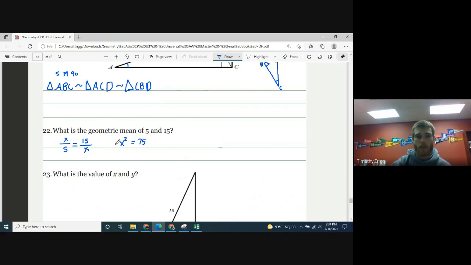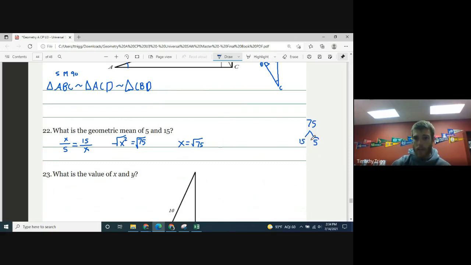To get x by itself, we square root both sides. So that'll give me x by itself. And then over here, the square root of 75, I can simplify that square root. And the way we do that is with a factor tree. I'm going to go ahead and do it to the side here. So if I'm doing 75 and I want to break this down, well, I already know that 5 times 15 multiplies, give me 75.